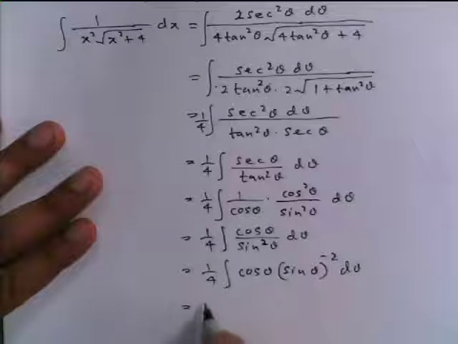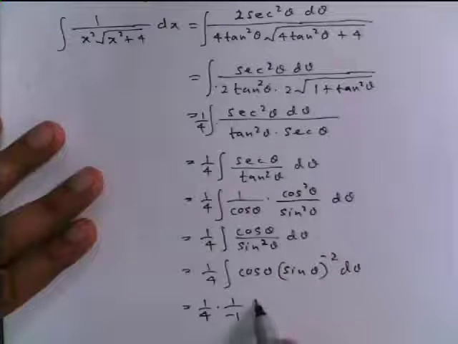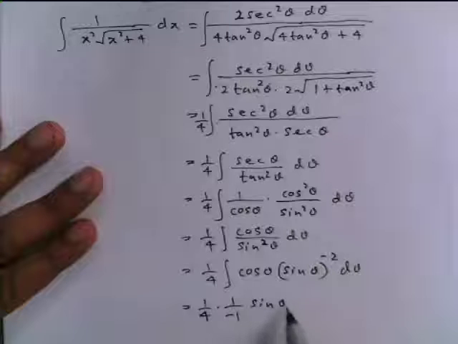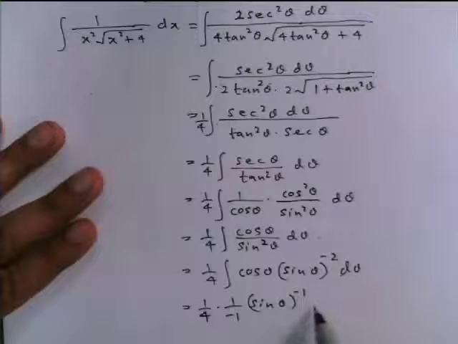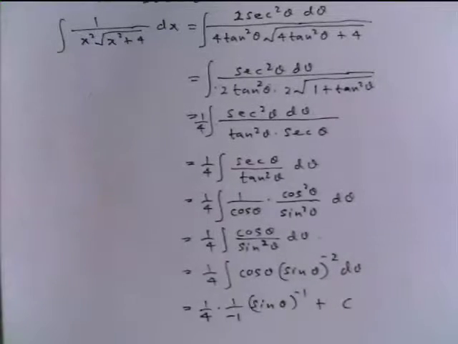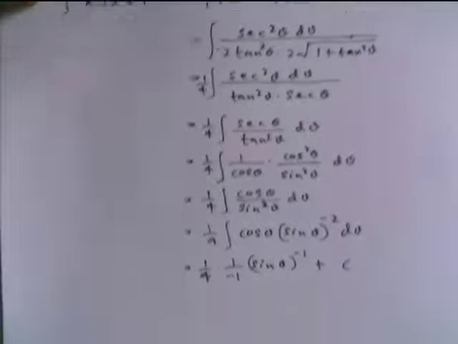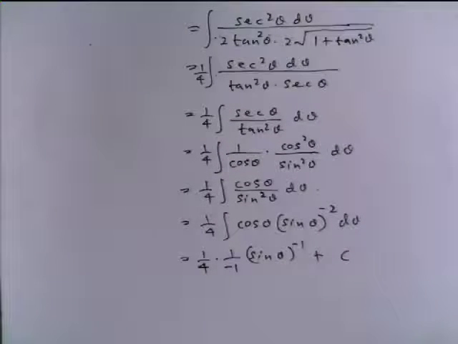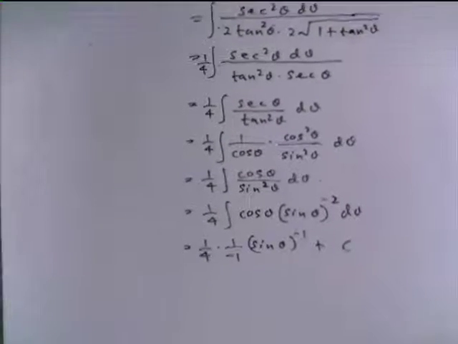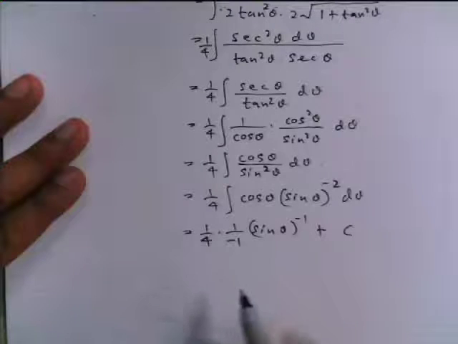So what's the integral then? 1/4, you add 1 and divide by that: sin theta to the -1, plus C. Okay, just using the general power rule. Or it's just a substitution problem, but you don't have to. Don't waste time on that. Just go with the power rule. It's much easier. So we have the answer now.